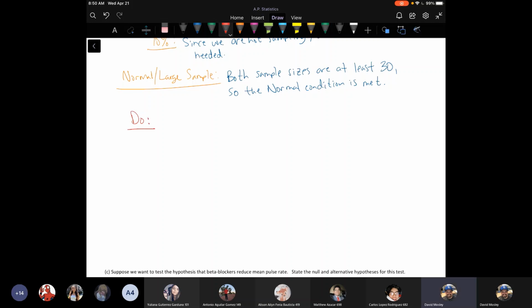All right, so we're using the T interval, which means we have x bar 1 minus x bar 2 plus or minus T star, the critical value, times the thing that we actually already found, the standard error.